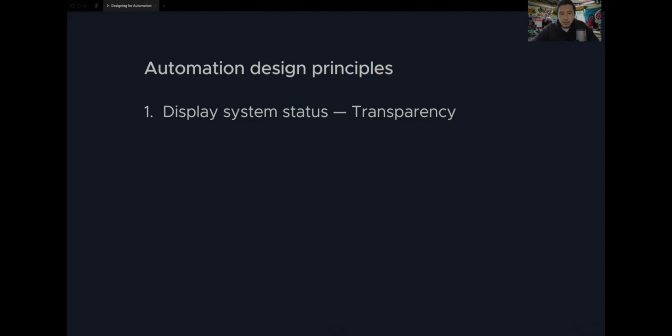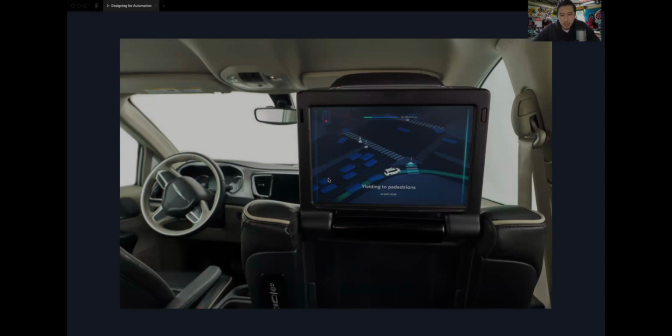Another good example is Waymo's self-driving taxis. When you order a Waymo, it can deliver you from your location to your destination without any driver, and you always can see the system status during your trip.